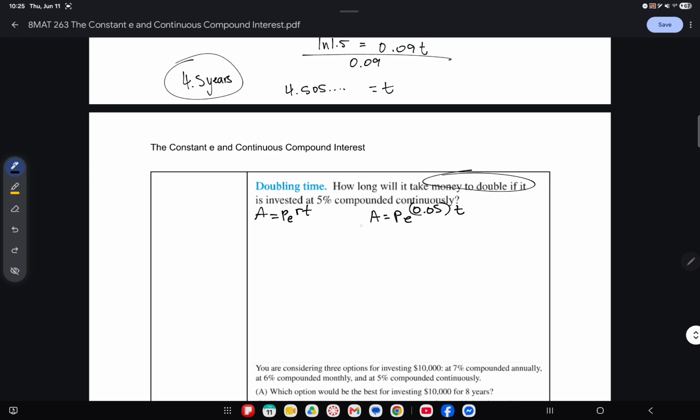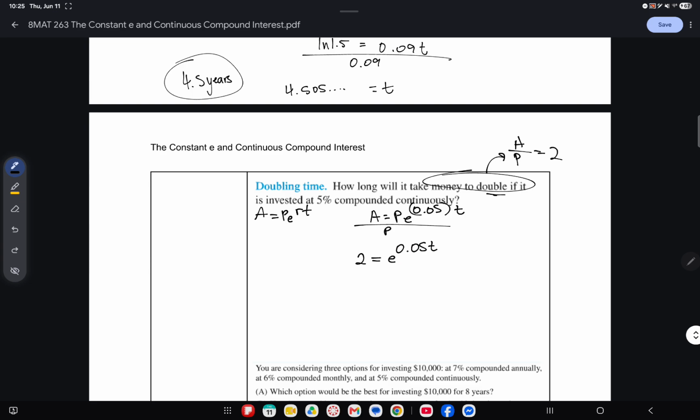So no matter what, when we go to isolate this, we're going to divide both sides by that principal amount. And because of that money doubling, that ratio of final amount to principal is going to be 2. So it doesn't matter if you want to plug in some actual numbers, you can. Or we can say, hey, we know the ratio is going to be 2 because it's doubling. We can just go ahead and do this.